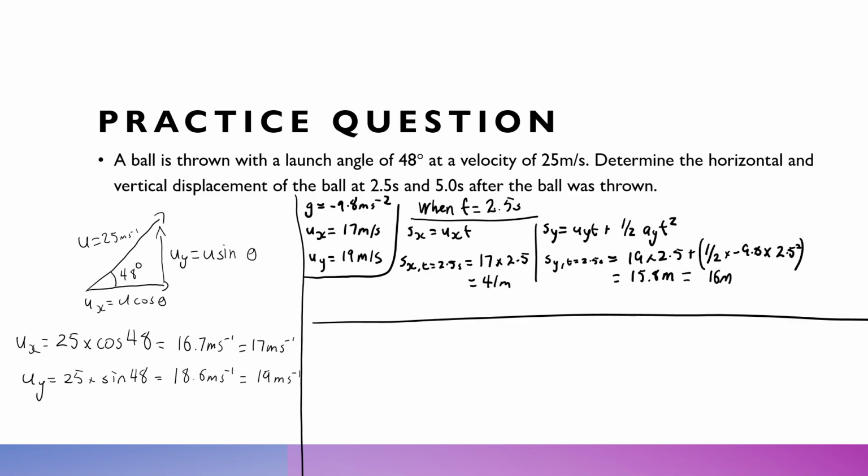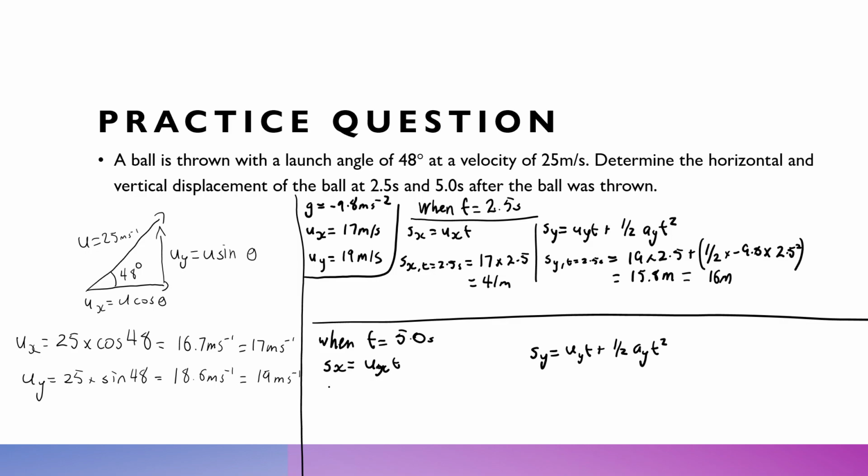Now in this question, there's two parts. We're also asked about the displacement after 5 seconds. So here we're going to look at what happens when t is equal to 5.0 seconds. To solve, we're going to be using the same formulas, that Sx is equal to uxt, and that Sy is equal to uyt plus a half ayt squared.